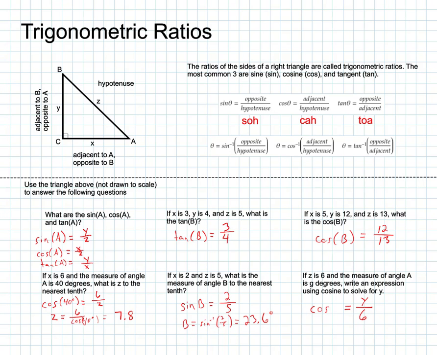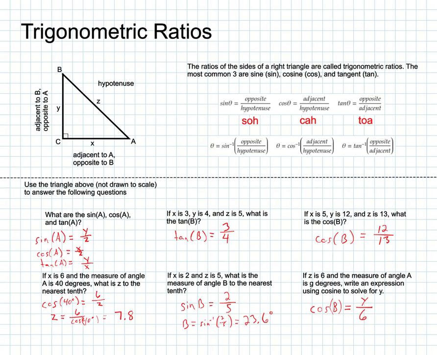Since y is the adjacent side for cosine, that means we have to be using angle B. So the cosine of B is equal to y over 6. However, we don't know what the measure of angle B is. However, we do know that the measure of angle A is g degrees, and we also know that the 3 angles of a triangle add up to 180.